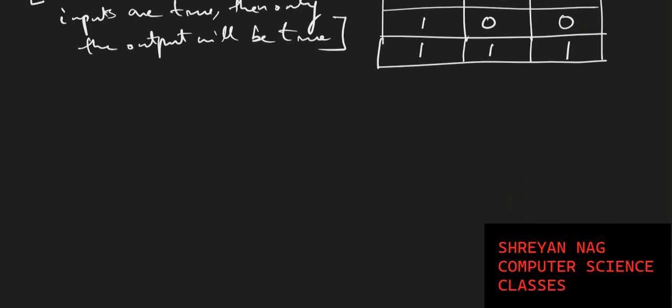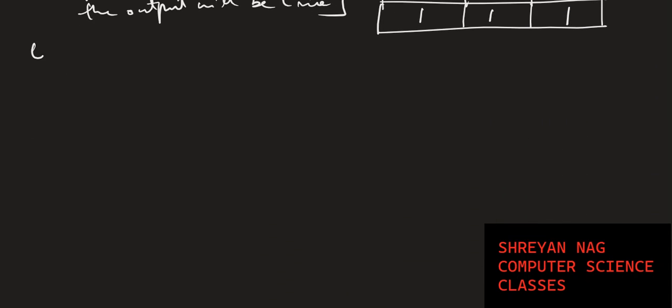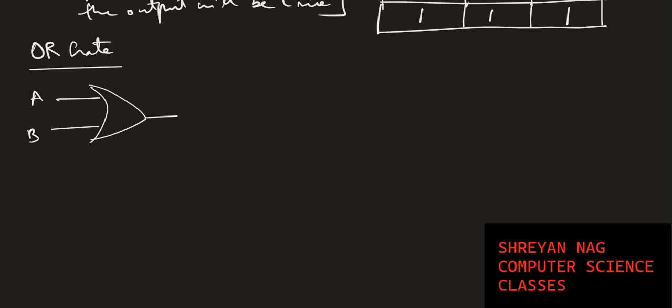Then the OR gate. The OR gate is shown by this symbol, with A and B as two inputs. Here also there can be two or more inputs. In an OR gate the bits are added up.